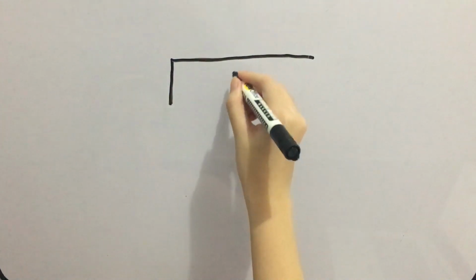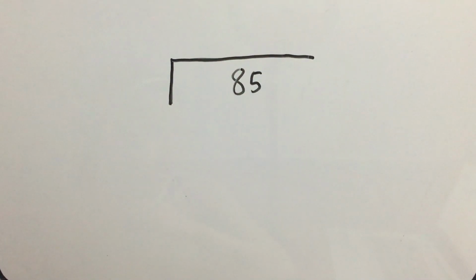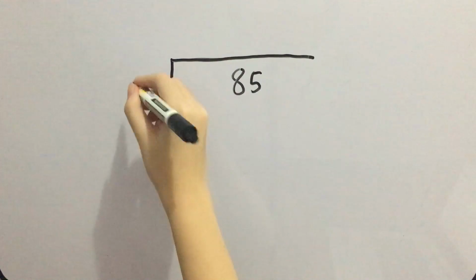How about dividing two-digit numbers? Can you try dividing 85 by 5? In dividing two-digit numbers by a one-digit divisor, we follow these steps. Step 1. We write the dividend inside the division symbol and the divisor on the left outside the symbol.